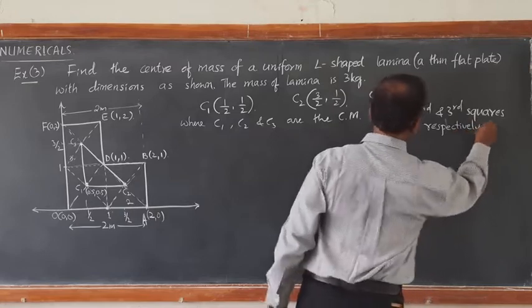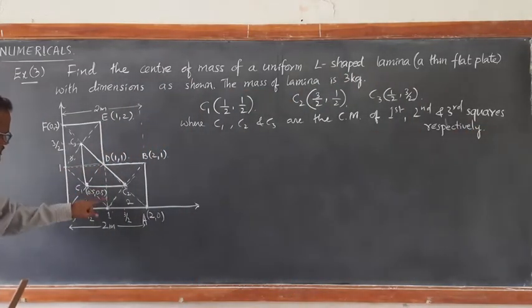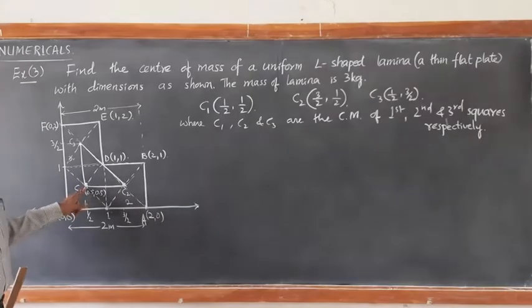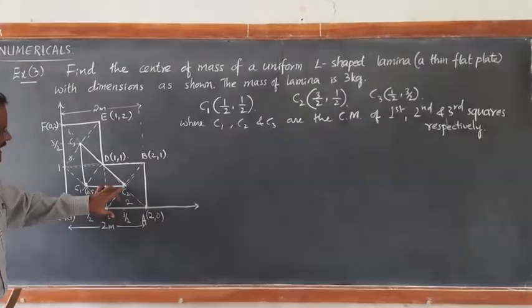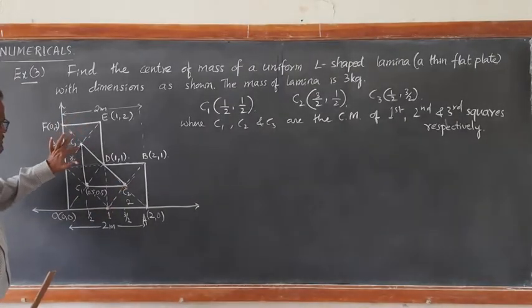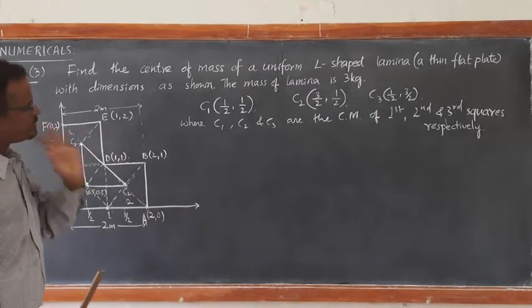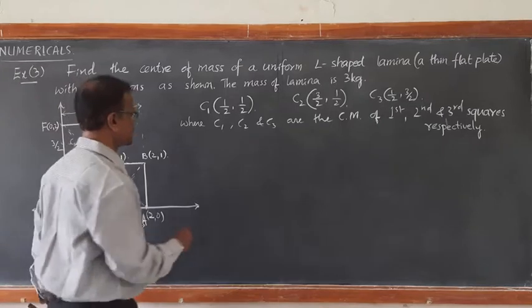It means the entire first square represents the mass of this first square at C1. The mass of this entire second square is at C2. The mass of this entire third square is at C3. Now we can find out the center of mass of this C1, C2, C3.